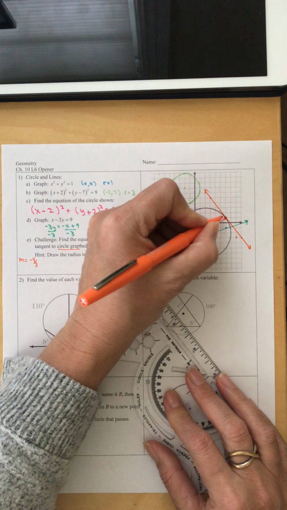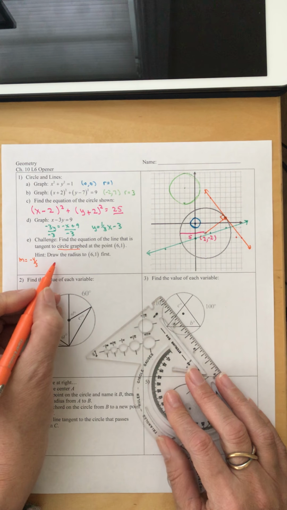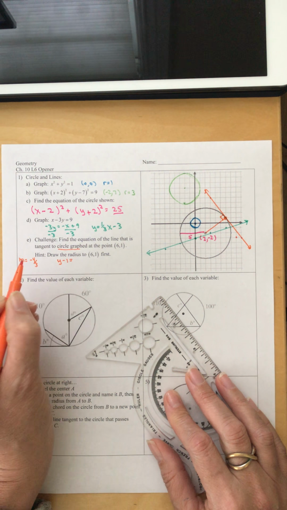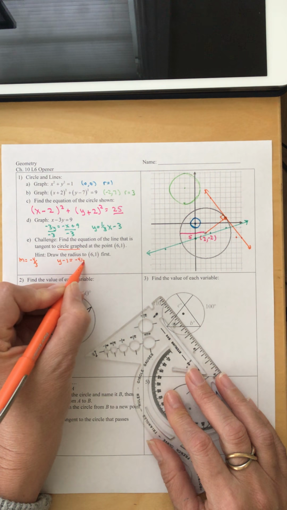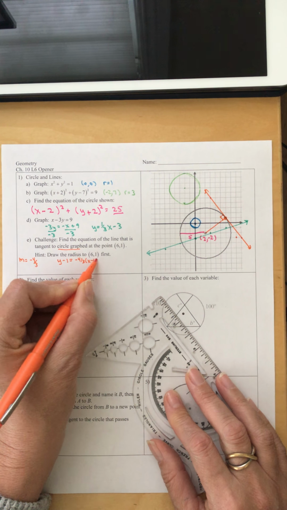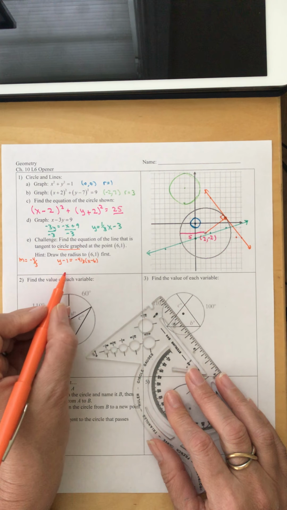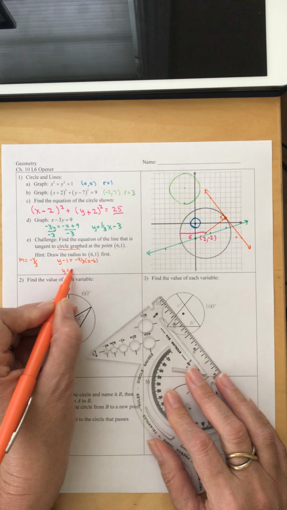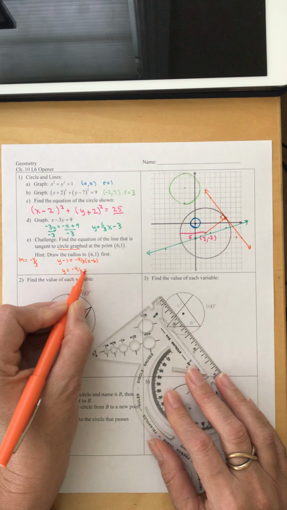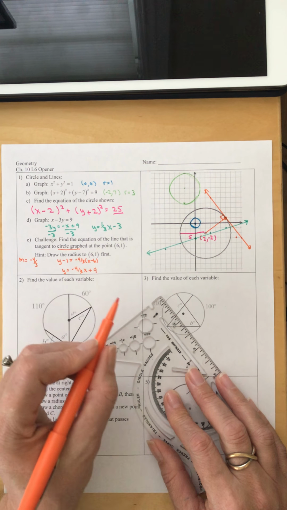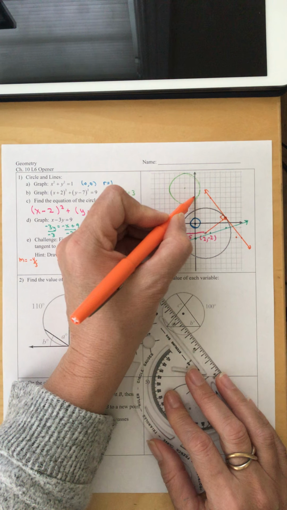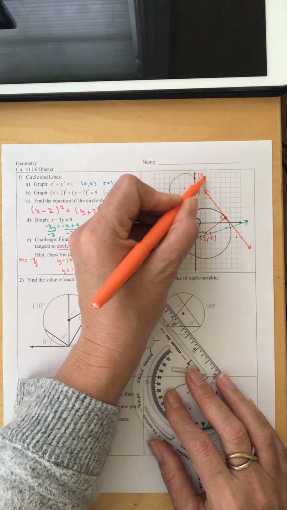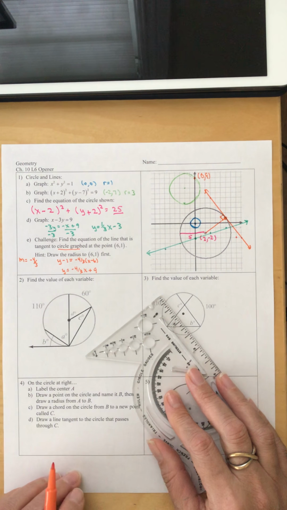So that line is tangent to the circle, and to get the equation of it, I would do y minus 1 equals negative 4/3 times x minus 6. And then I would distribute and combine like terms, and if you get it right, you would get negative 4/3 x plus 9. And you could even do this, 1, 2, 3, 4, and you would end up getting that that point is 0, 9 up there.